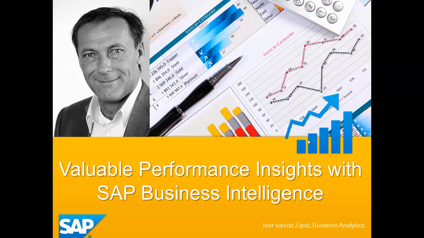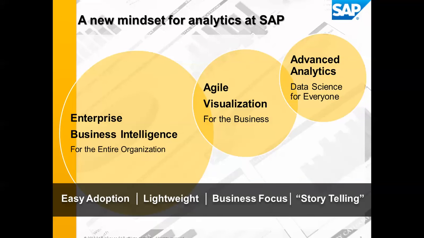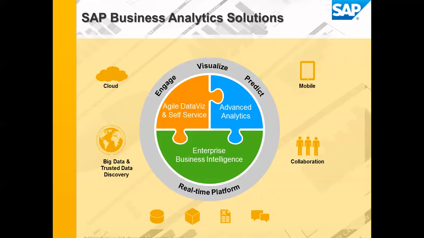I work in business analytics, and my idea for this DataGeek challenge was the following. I got a little bored of using all these slides explaining our portfolio and business intelligence vision to the customer, where we talk about how to position the BI spectrum, where exploration and visualization comes in, where predictive analytics comes in.